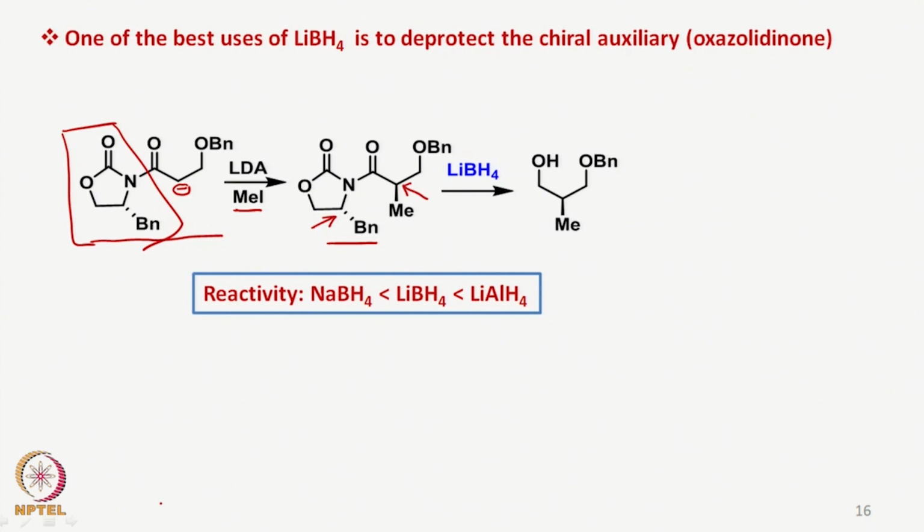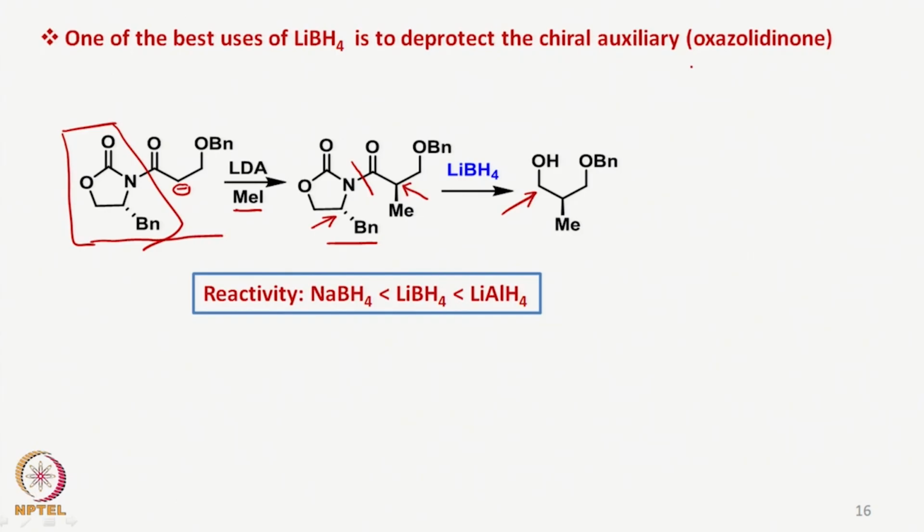When we need to remove the auxiliary, we simply use lithium borohydride, which is soluble in ether or THF, and we can completely reduce this particular part, which is easily reducible with lithium borohydride, equivalent to an ester, and then we get the corresponding CH2OH. So this is one of the best examples where lithium borohydride has been used to deprotect the chiral auxiliary.